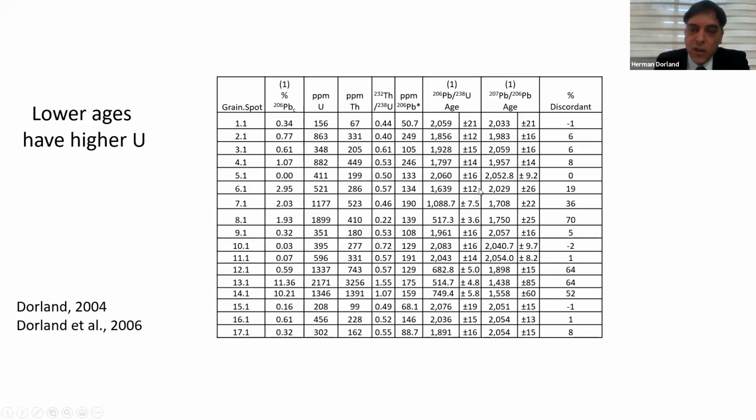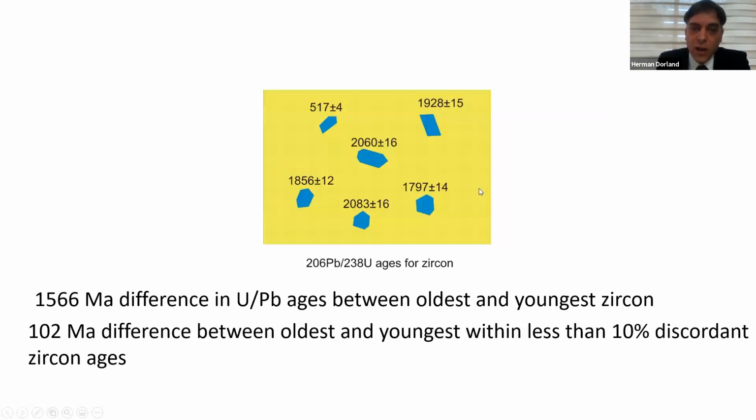If you look at the uranium-lead ages, then there's a 1,500 million year difference between the youngest and the oldest zircon in there. But between the concordant lead ages, there's 102 million years difference between the youngest and the oldest zircon in a rock that crystallized almost instantaneously.